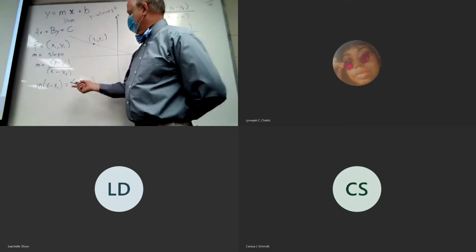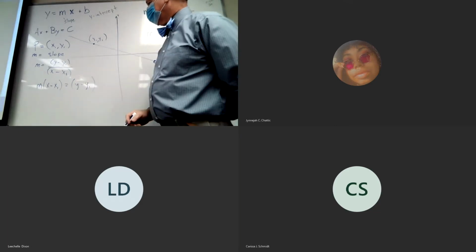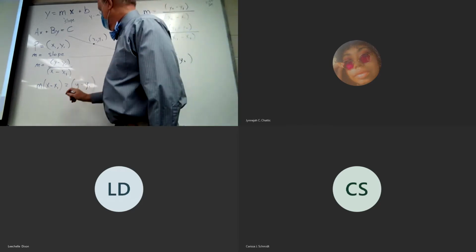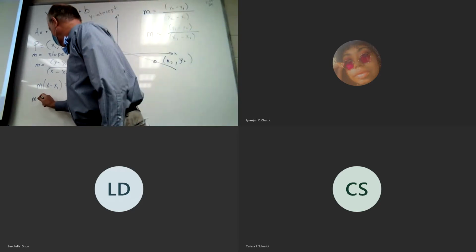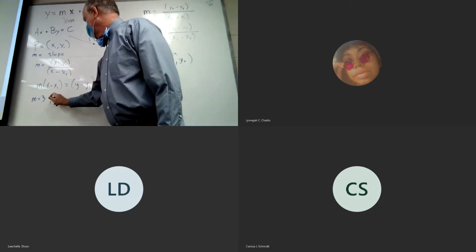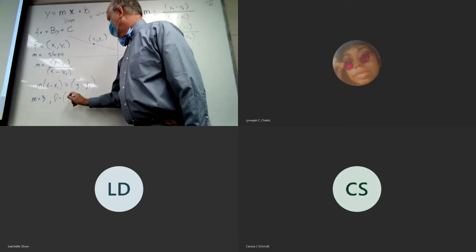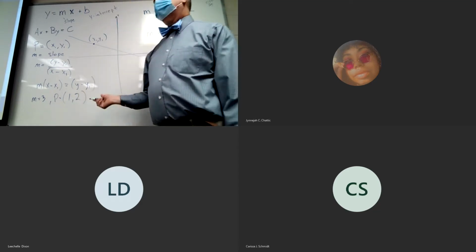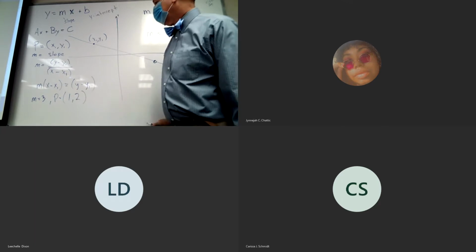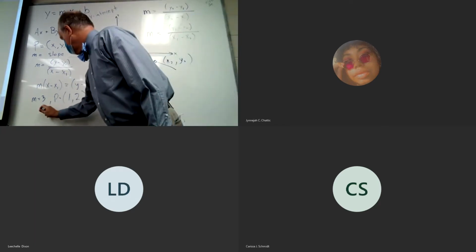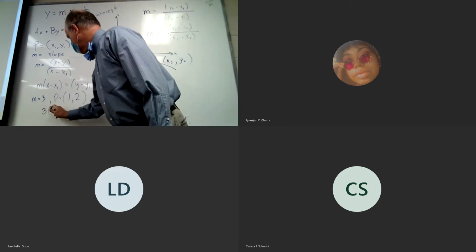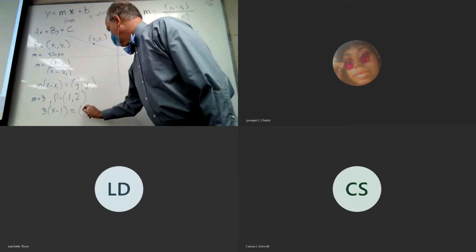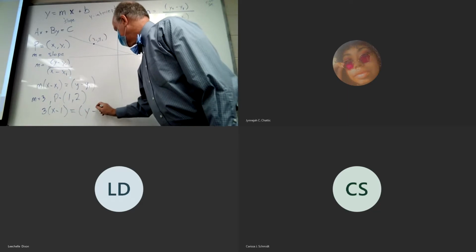So if I'm told, here's the slope 3, and it goes through point 1, 2, the point slope format would be 3 times x minus 1 equals y minus 2.